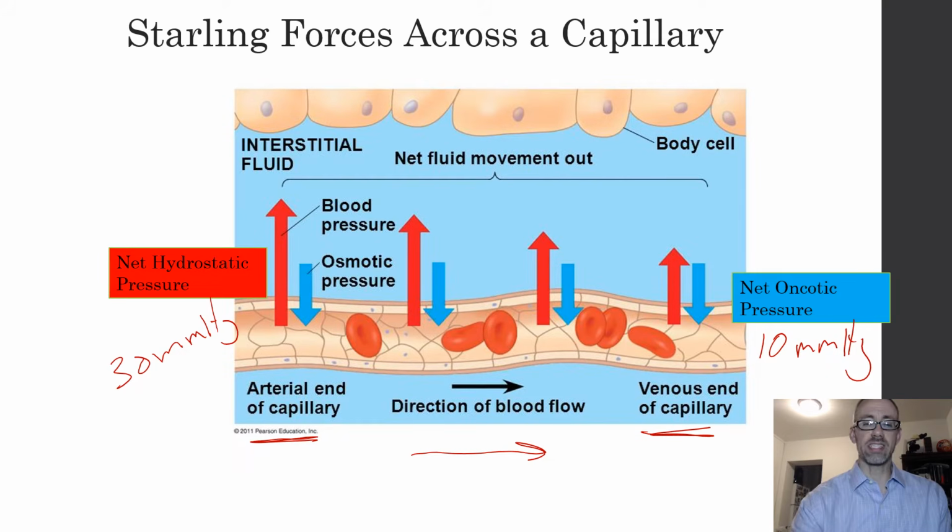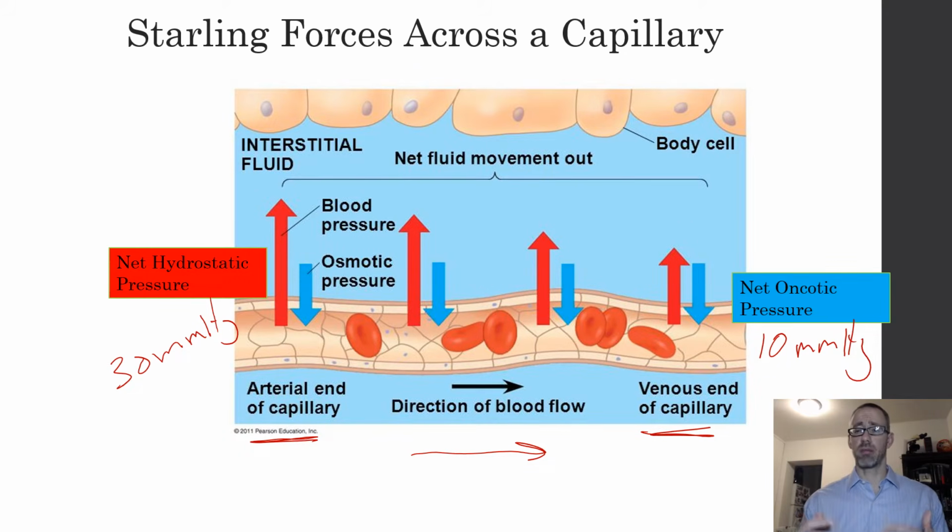That's going to be a pulling force inside the vessel, and you can see that depicted by the blue arrows. You'll notice that the blue arrows stay the same size throughout because the oncotic pressure in the capillary doesn't change from one end of the capillary to the next. So although we have a pressure drop, the oncotic pressure stays the same throughout.